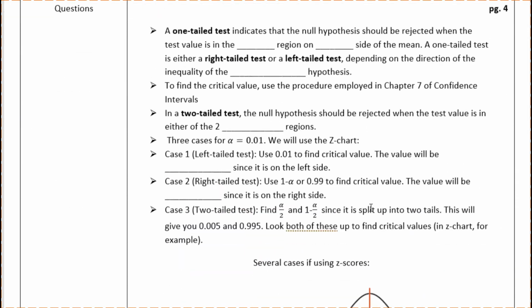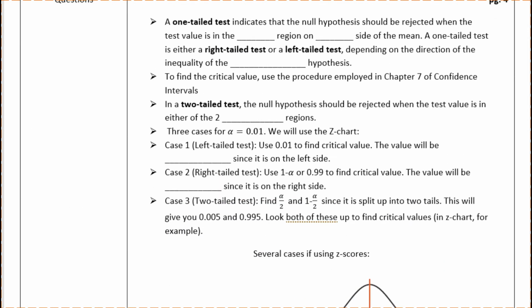So a one-tailed test indicates that the null hypothesis should be rejected when the test value is in the tail region, on one side of the mean.